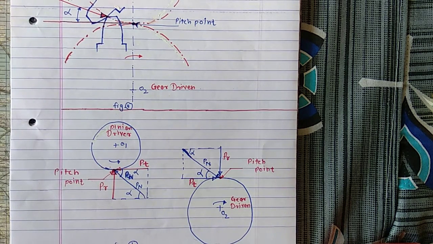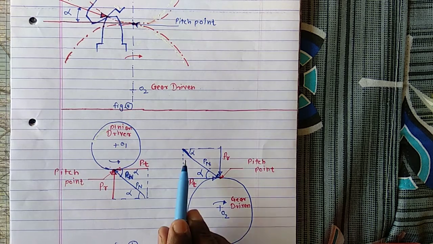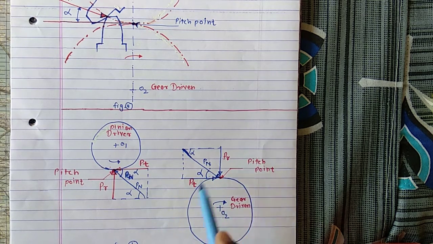So we have resolved the resultant force Pn into two components, horizontal and vertical, for the gear first, and equal and opposite forces will be acting on the pinion. Just compare pinion and gear: on the gear the tangential component is going towards the right hand side, and on the pinion it is going towards the left hand side.